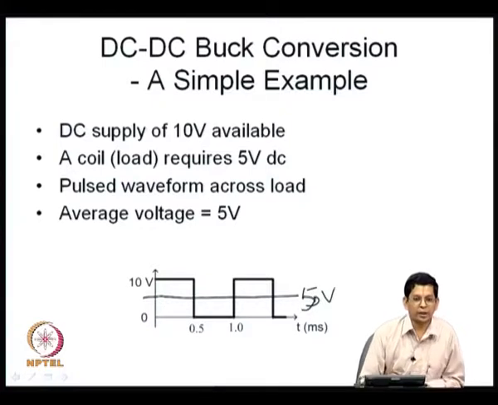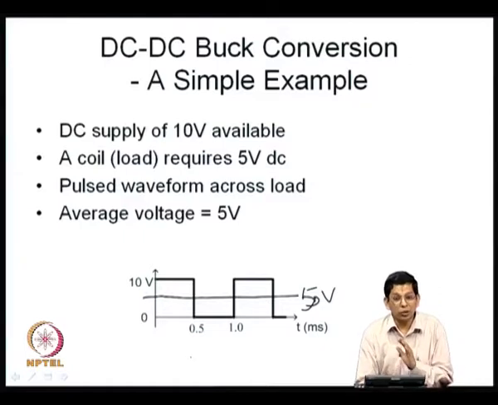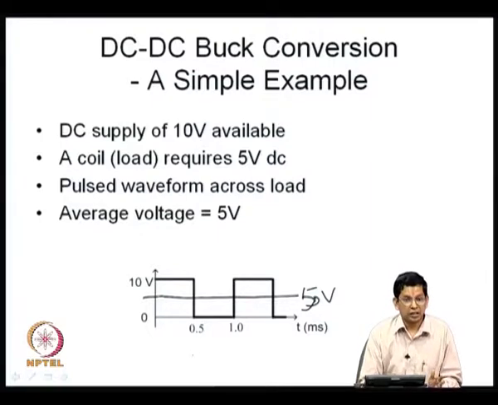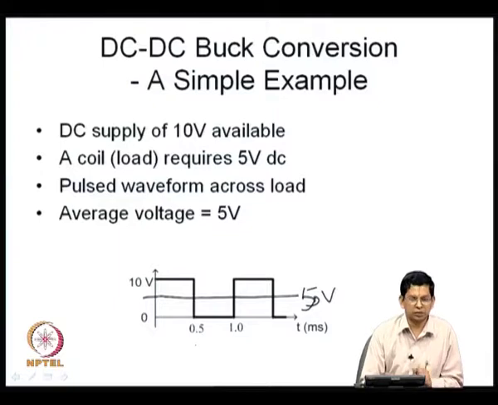This is what you can get now. So, you have not been able to get 5 volts continuously, but you are able to get 5 volts at least in an average sense. The remaining, whatever is called voltage ripple, can be filtered out or even tolerated, depending on what your application is and to the extent of filtering that might be needed.